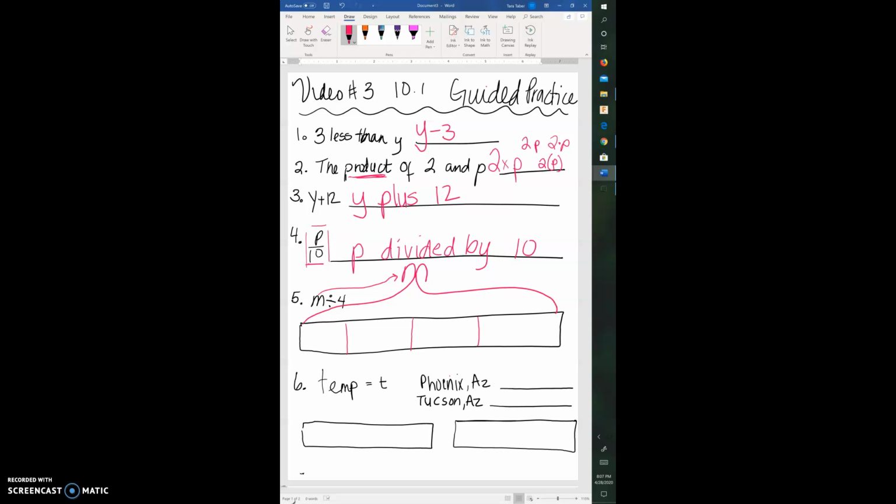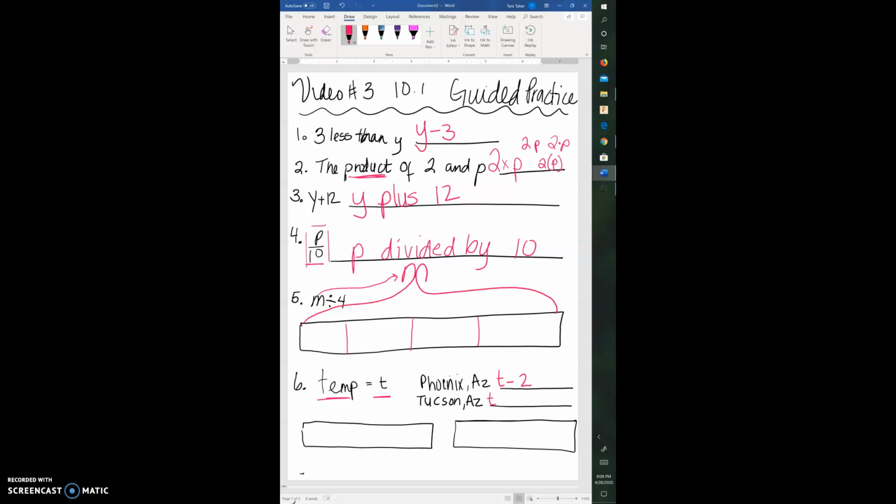Well, obviously I've started the math problem, so I made temperature be T, and this is the third time I've recorded this because I accidentally wrote time instead of temperature. For Phoenix and Tucson, they both start at the same, so I'm putting them both starting at T because they're equal. And at 9 o'clock, Phoenix dropped 2 degrees, so I'm subtracting 2 degrees from Phoenix.